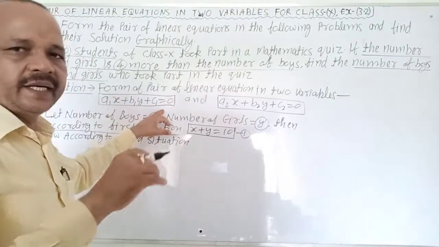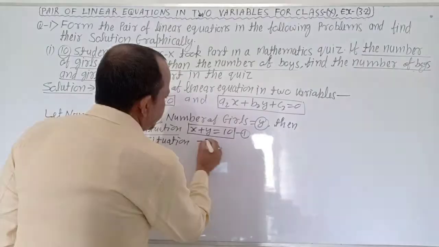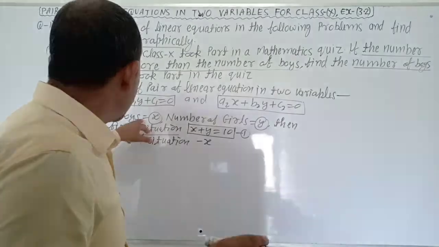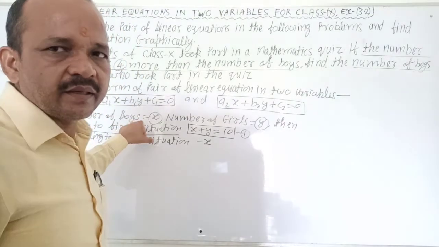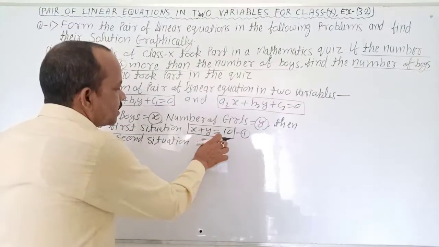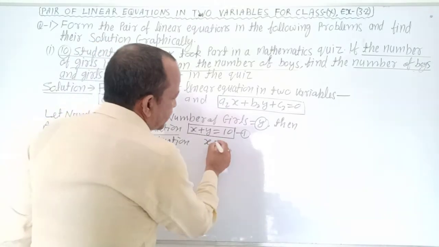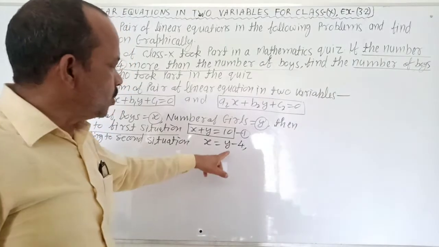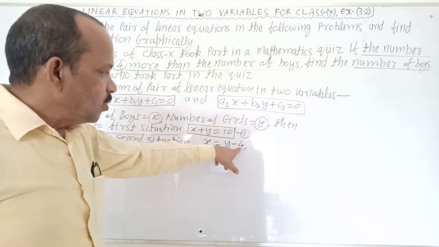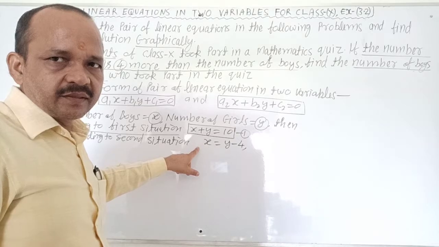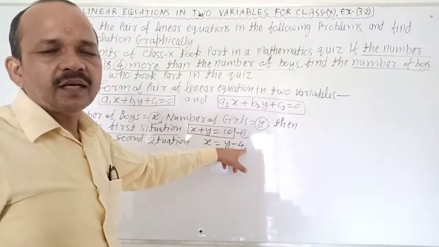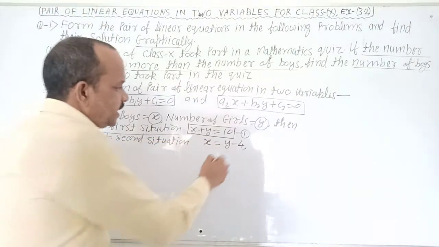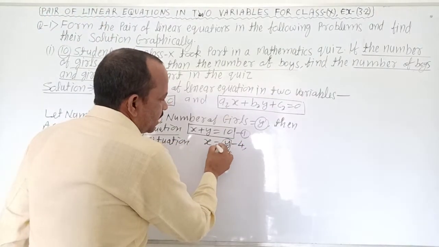Clear? Here number of boys is x equal to y minus 4, or you can write 4 on the left side and x on the right side, or you can write y on the left side.